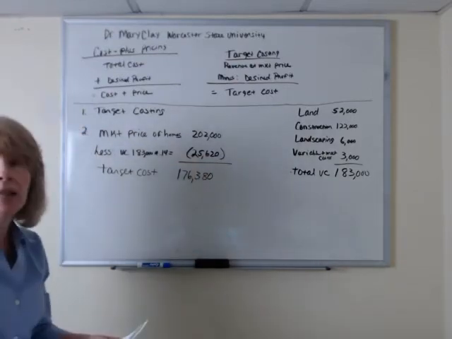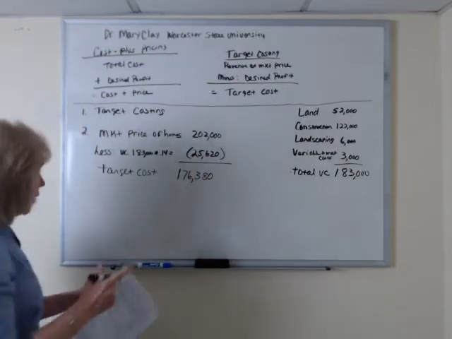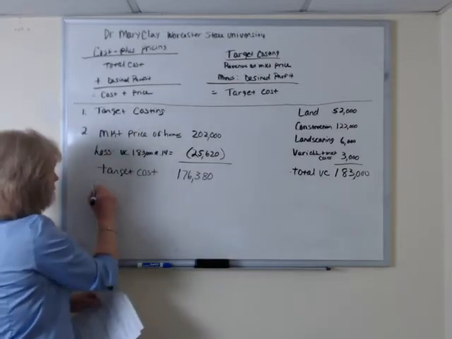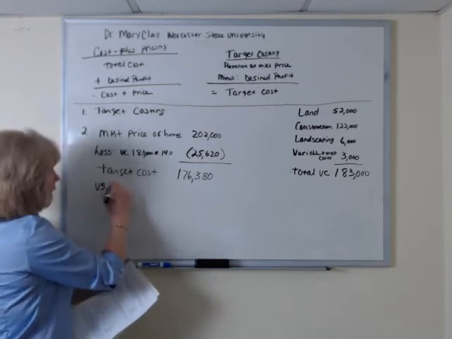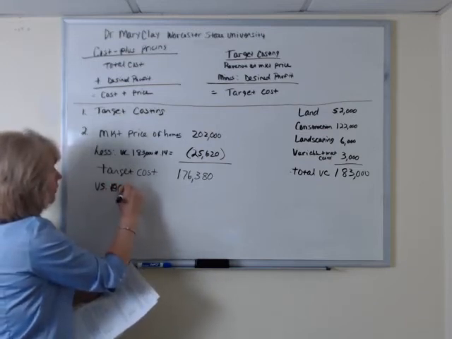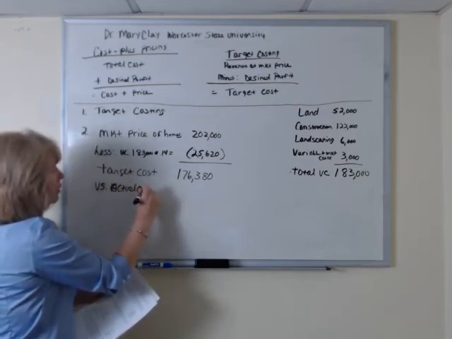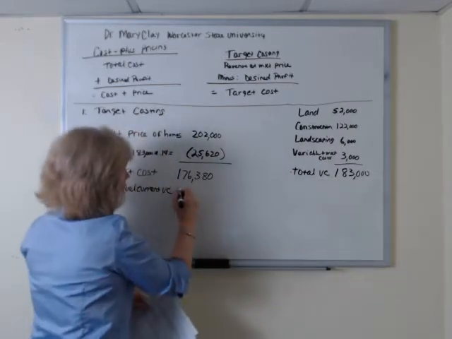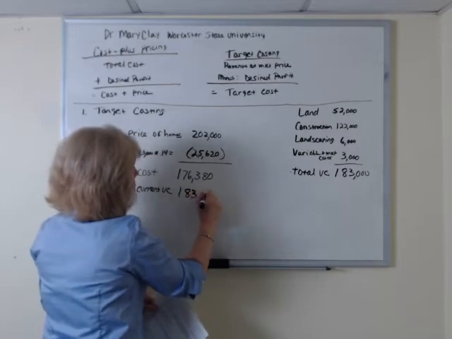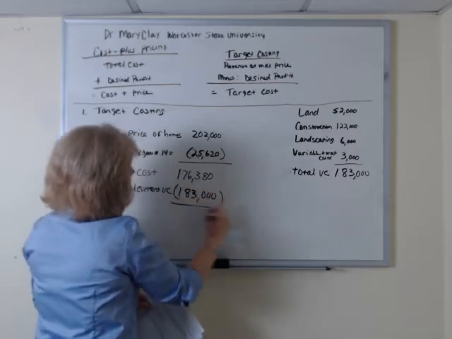Next, I'm going to analyze my current variable costs. So I put in current or actual variable costs, which is right over here, 183. I will subtract that.